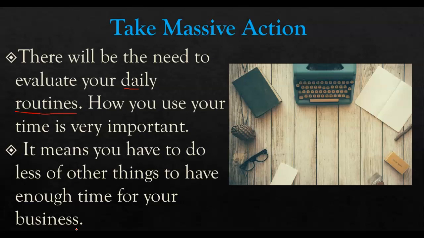Okay, so you need to check your daily routine and kill all the time vampires, because the time vampires are not going to let your business work out. Okay, so you need to prioritize your business. You need to do what is written on your KRA, your key actions. You need to do them.